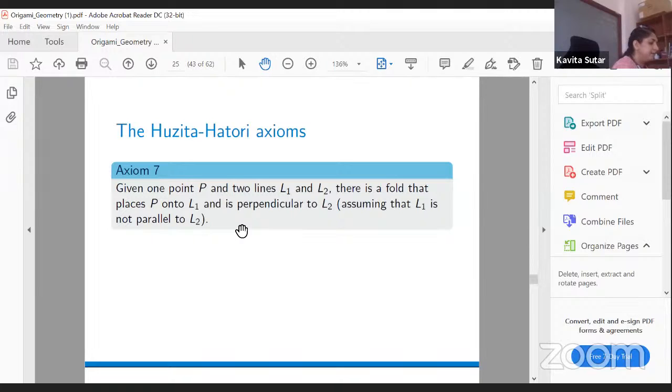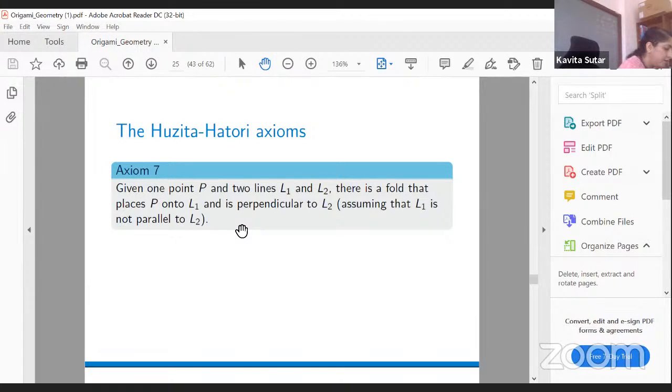I will take these lines a bit closer. So I want to place L2 on itself and I want to place P on this other line. P should fall on the other line and this other line should fall on itself.